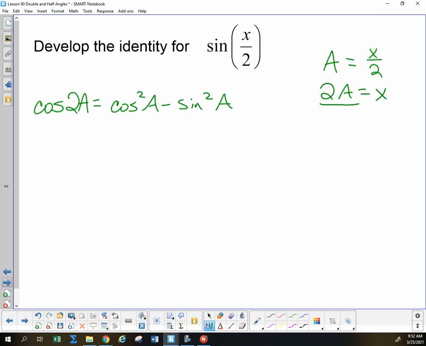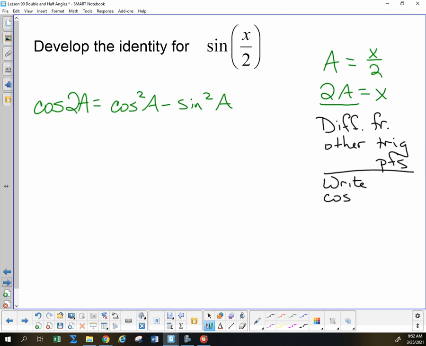Now these two half-angle identities are going to be different from all of our other trig proofs. For these two, we write down that cosine 2a identity, and then we are going to simply simplify things, which doesn't change it, just writes it in a different form, and or do the same thing to both sides.